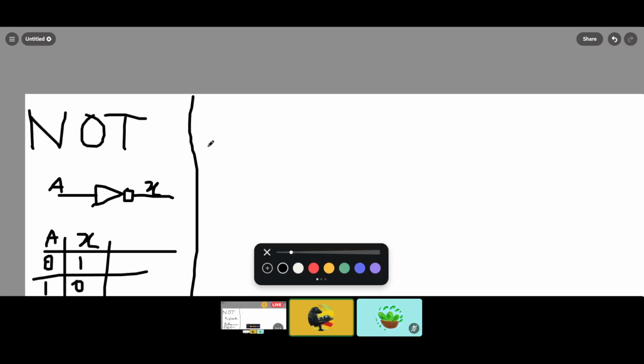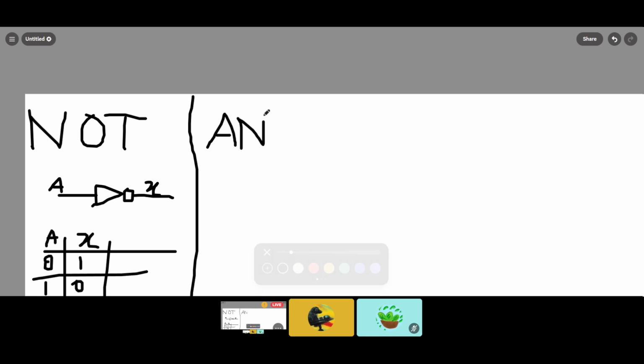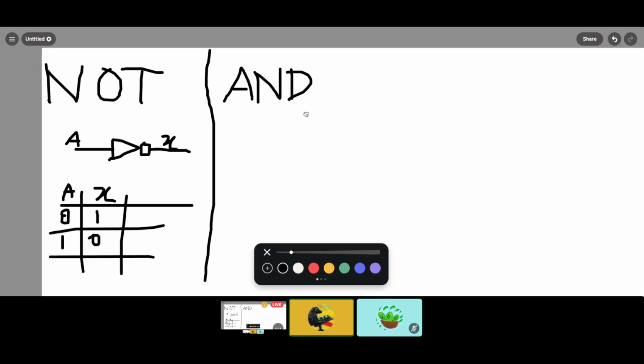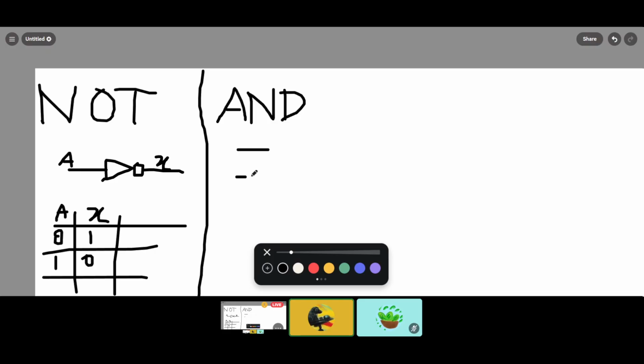The next basic kind of logic gate is the AND gate. The AND gate has 2 inputs, A and B, and the symbol looks like this.